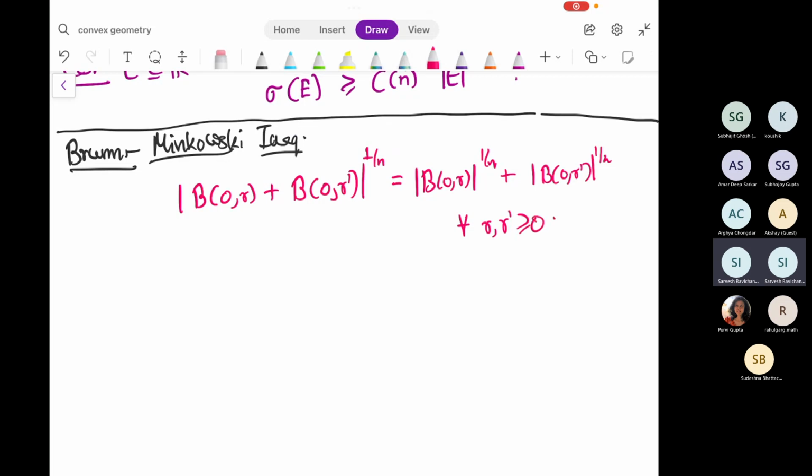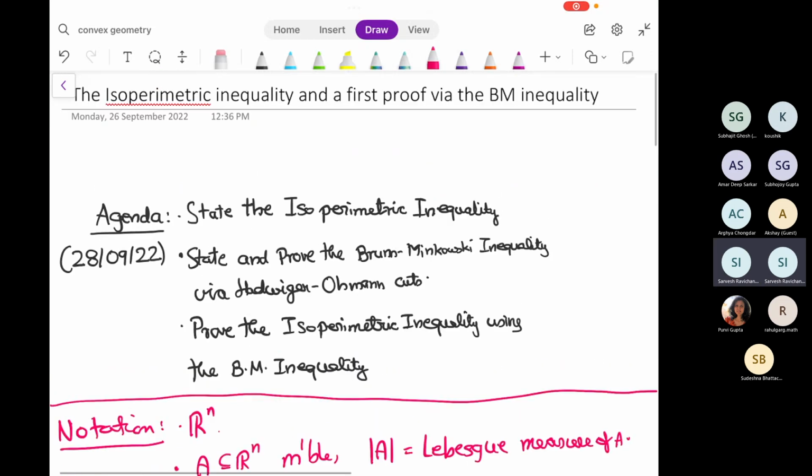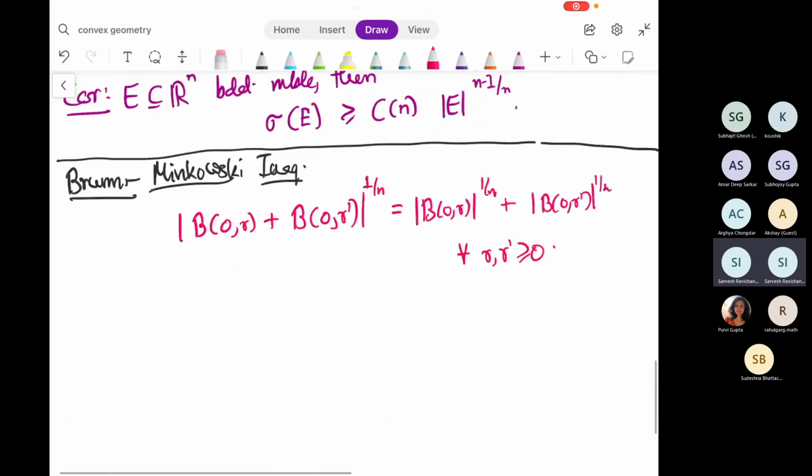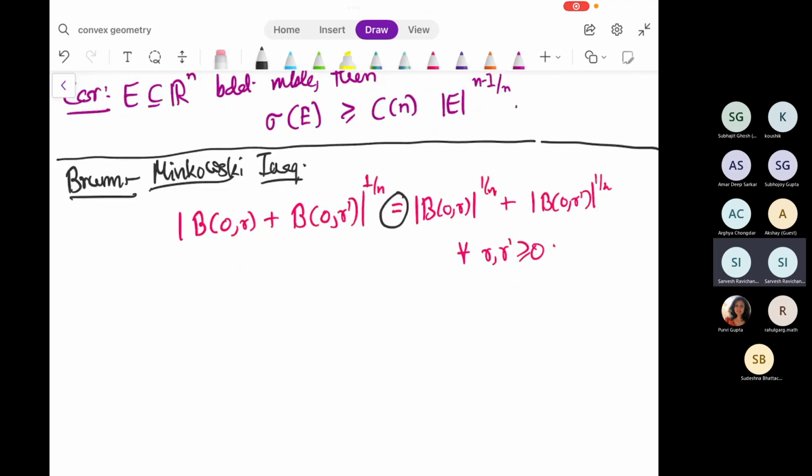So here you see that balls have a certain kind of optimality, because this is an equality sign here.